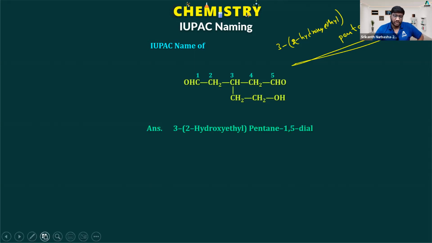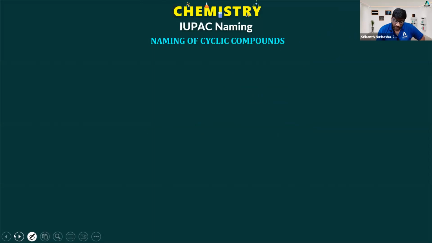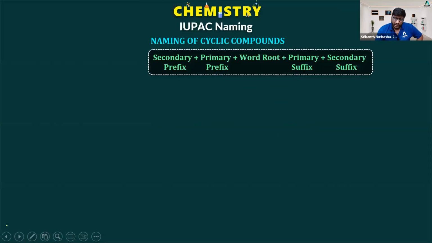Right? Is everything clear, students? Yes, sir. So then let us look at some of the names of cyclic compounds. In the names of cyclic compounds, we use the primary prefix. Up to now, we have not used the primary prefix. Primary prefix is going to be the cyclo. For cyclic compound, cyclo we have to use as a primary prefix just before the root word.